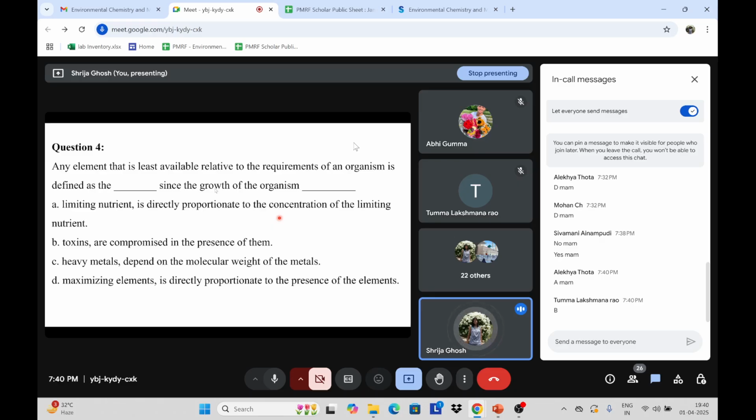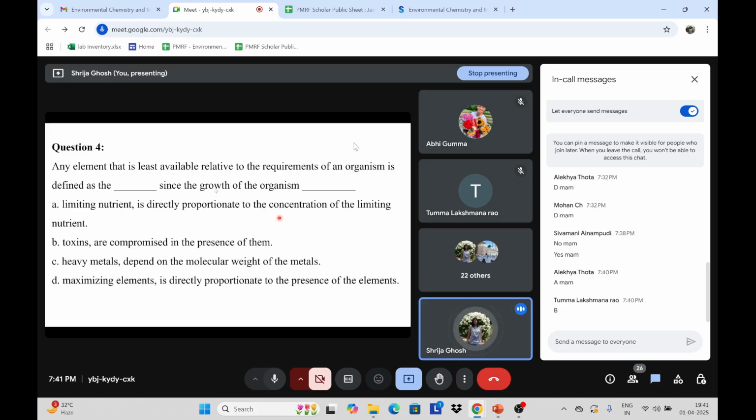Okay, I have two answers in the chat box. One says option A, one says option B. What about others? Everybody write your answers in the chat box. We already have two different answers. So what about others?